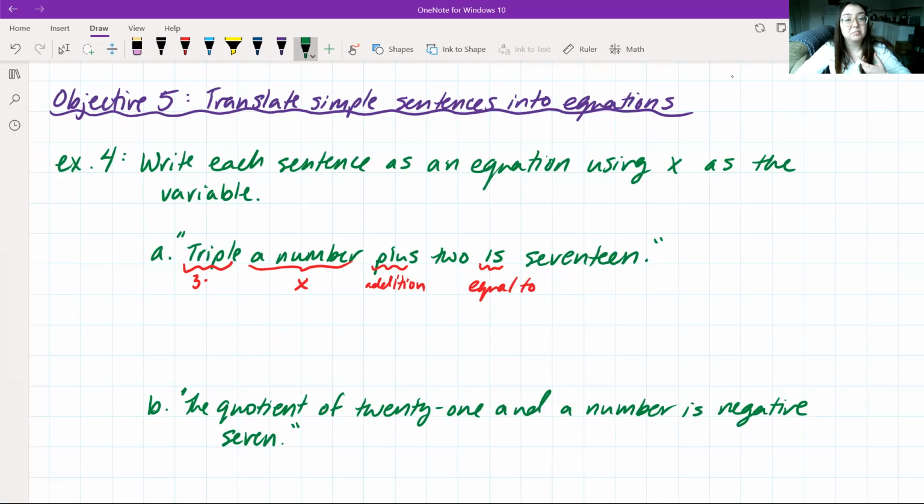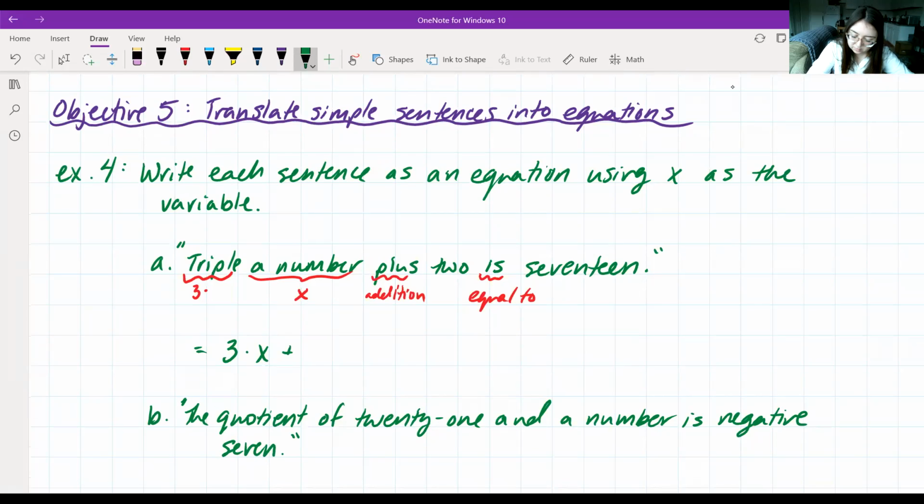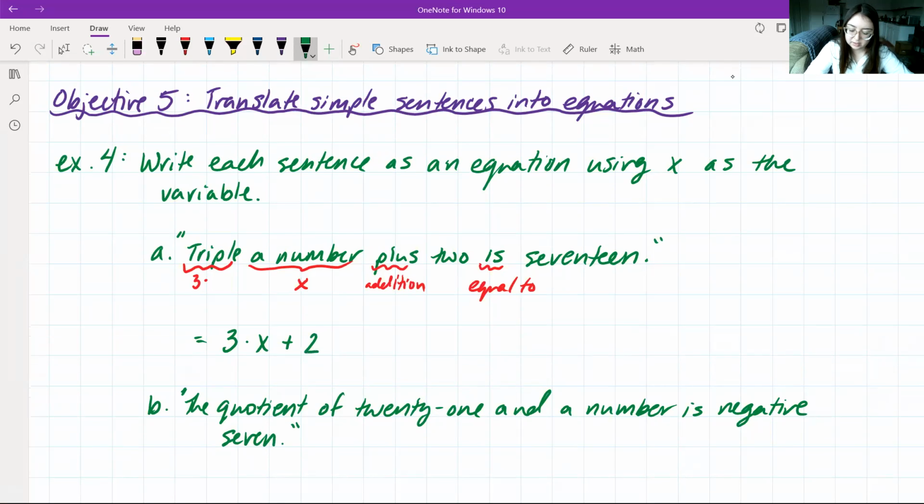So now all of our words here have been broken down into what we can use as our numerical expression. Our first 3 words, triple a number, is expressed as 3 times x. Then we still have addition, so plus 2. Plus 2 is 17, or is equal to 17.